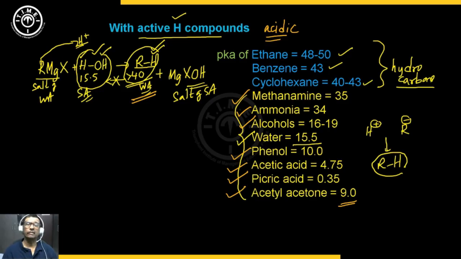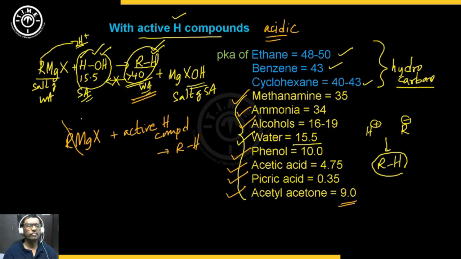So this is the reason why a Grignard reagent cannot stand the presence of active hydrogen compounds. So whenever you have an active hydrogen compound, the Grignard reagent is going to turn into RH. So this won't remain. For example, moisture, water, is an active hydrogen compound. So in the presence of water, the Grignard reagent no longer survives.